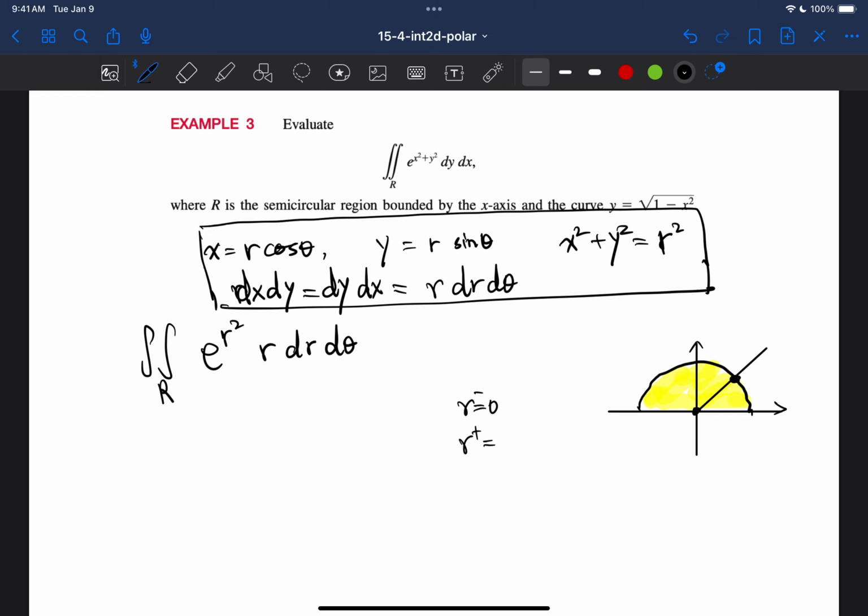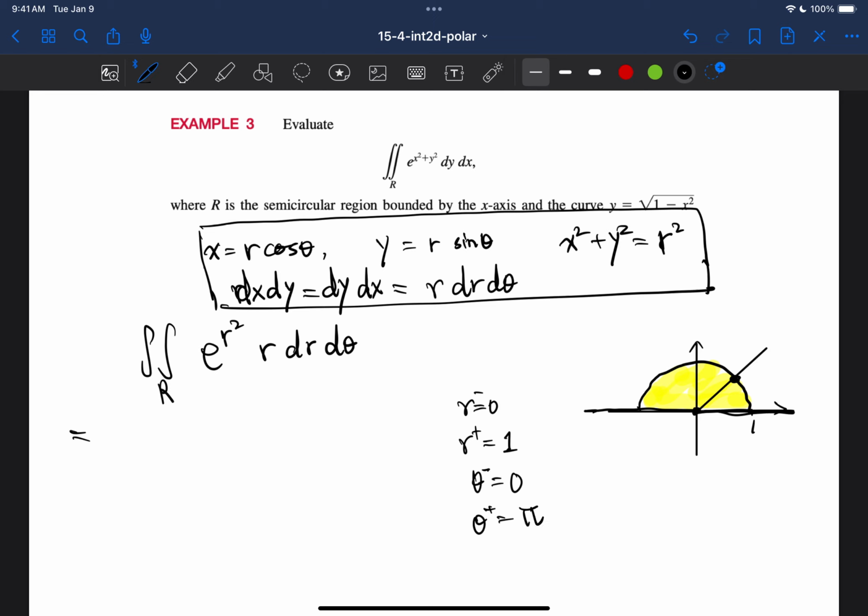Because the radius is 1, r plus is 1, no matter how you rotate the beam. And for theta, theta minus is 0 because you're starting from the positive half of the x-axis, and theta plus is where we end here, so this is pi.